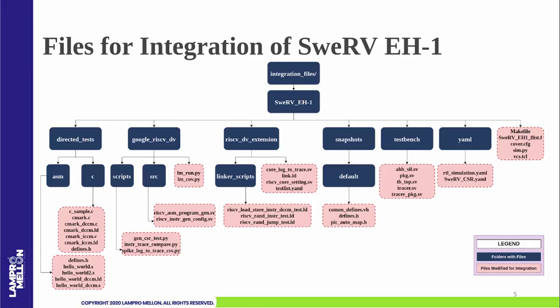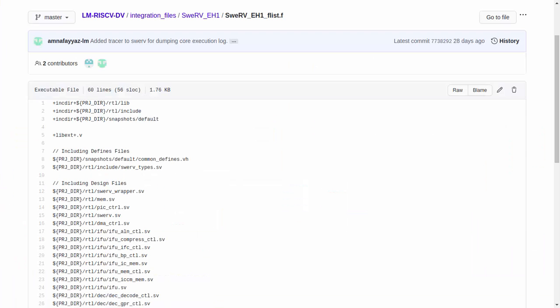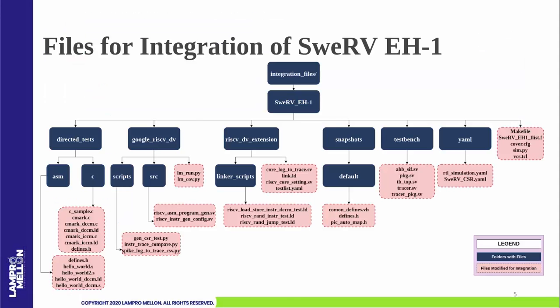SweRV EH1 flist lists all the RTL and testbench files in dependency order. It is used by RTL simulation.yaml during RTL compilation. SymPy is a Python script similar to LM RunPy and is responsible for generation and execution of RTL compilation and RTL simulation commands and for post simulation comparison.